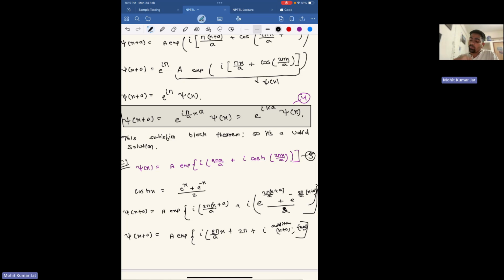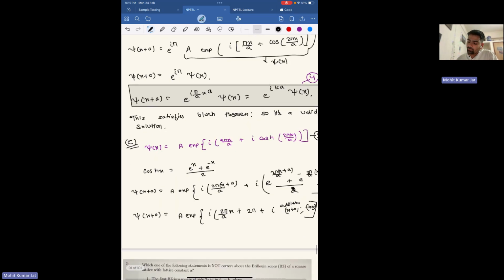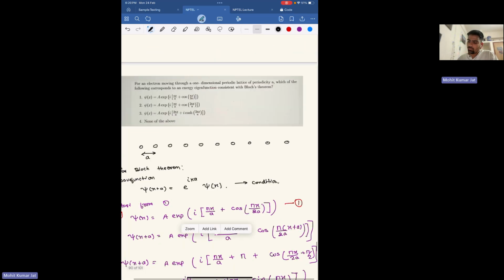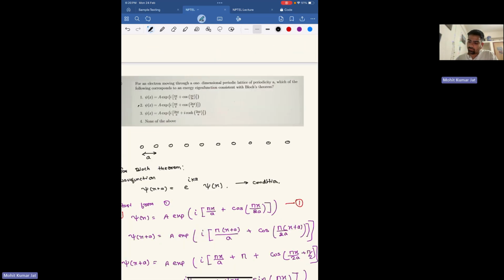In that case, you cannot write it in Bloch form. So it is also not a Bloch solution. So the correct answer is second.